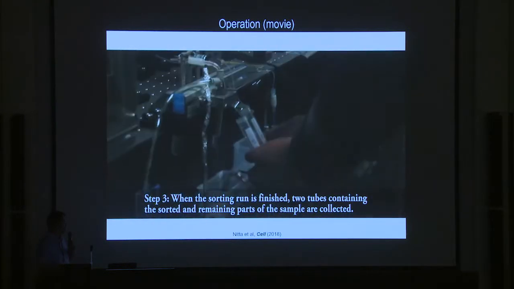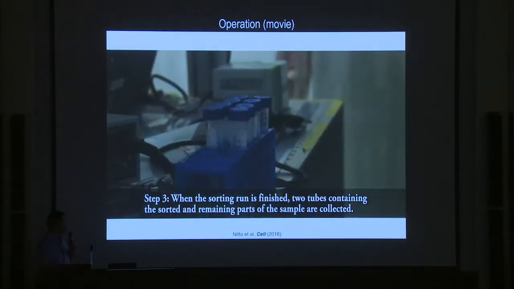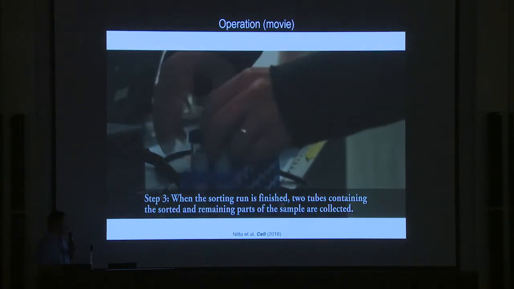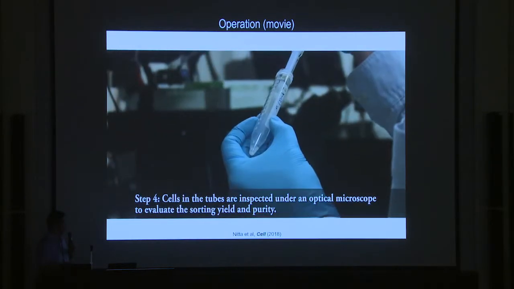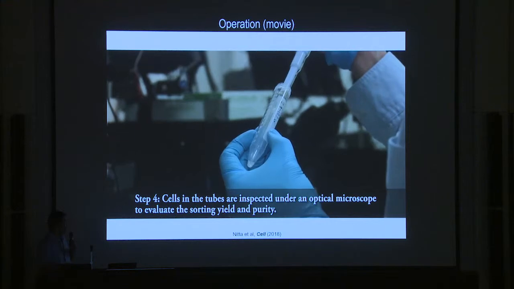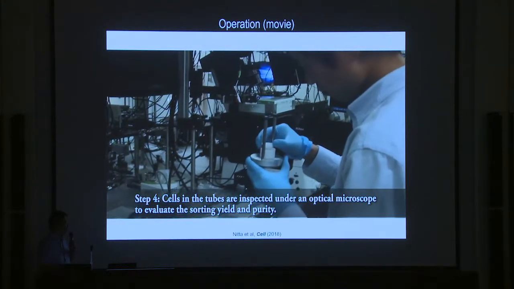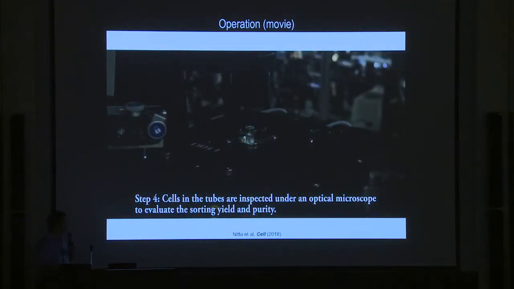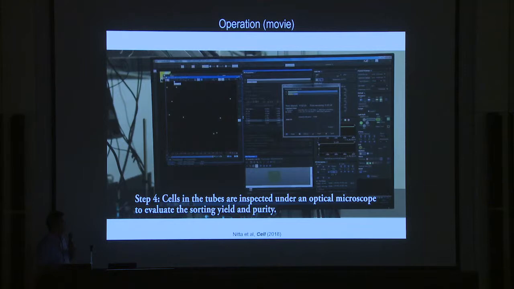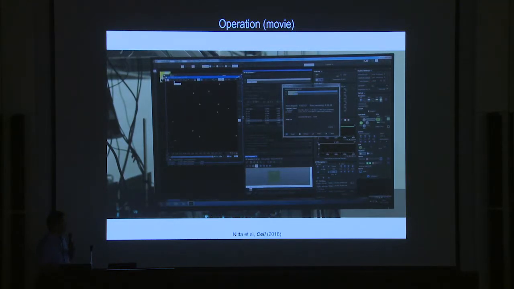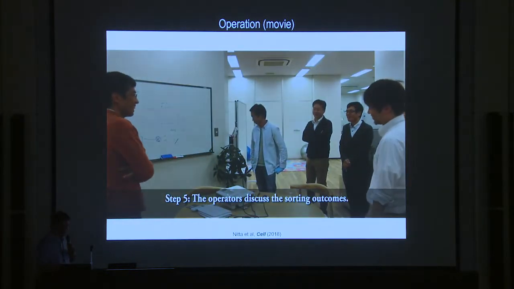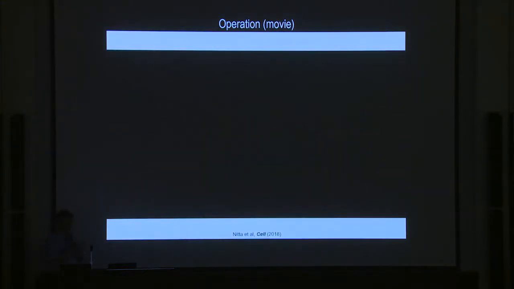Eventually we collect the sorted and unsorted cell tubes, the two tubes, and after that those cells are inspected under an optical microscope to evaluate the sorting yield and purity. And then finally, we discuss the results. They're laughing, but they're actually discussing.